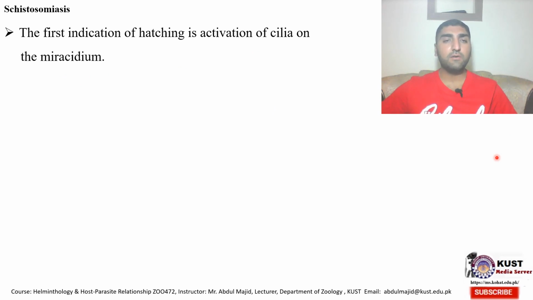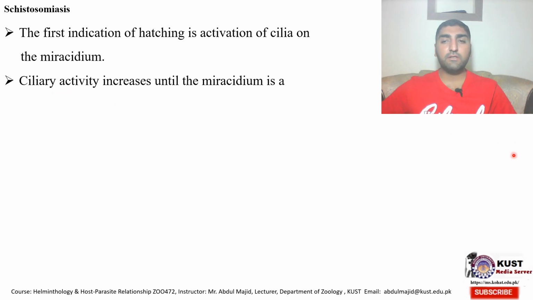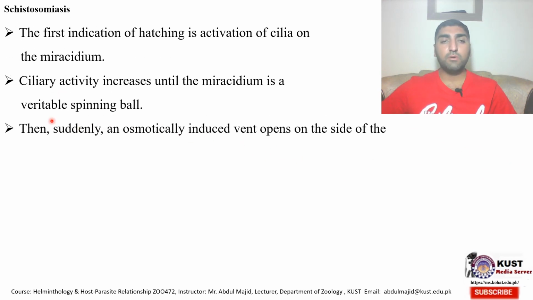It means that it is hatched. Ciliary activity increases until the miracidium is a veritable spinning ball. It means that as the ciliary activity increases, the miracidium will truly look like a spinning ball.